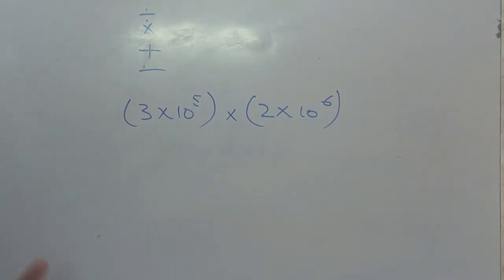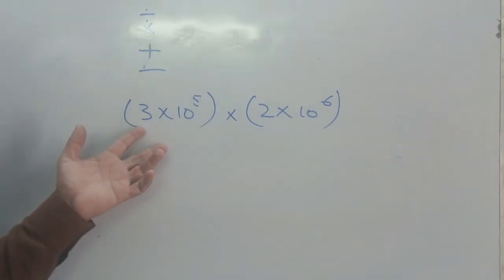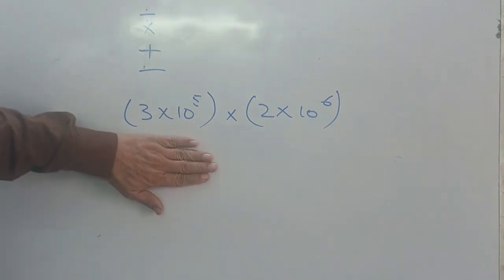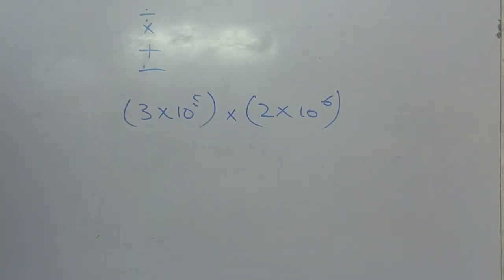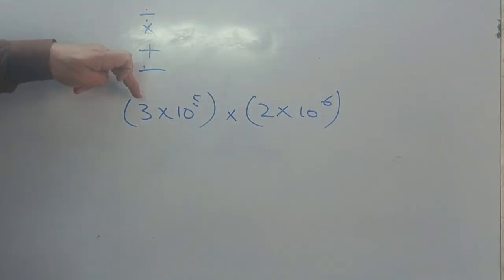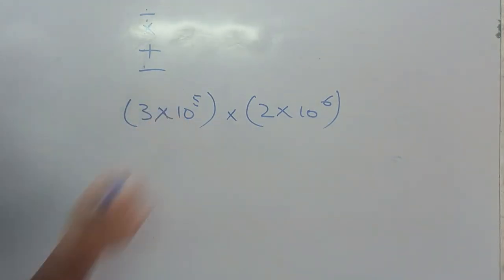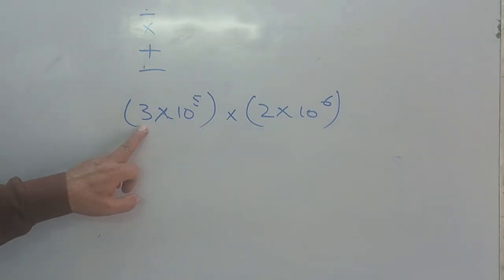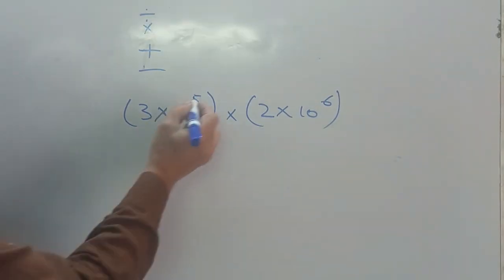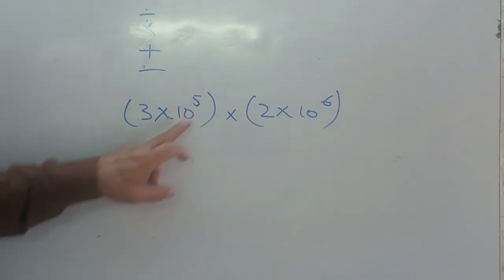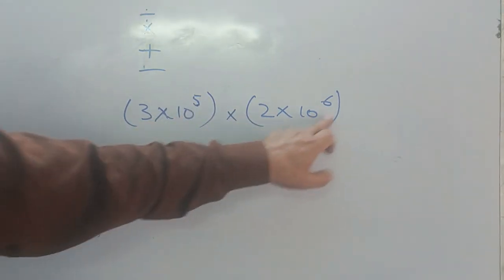Since it is enclosed in brackets, no problem, and you know that the operand is multiplication. So when the operation is multiplication, you can multiply the whole digit. This is the standard form, 10 raised to power 5, and this is 10 raised to power 6.